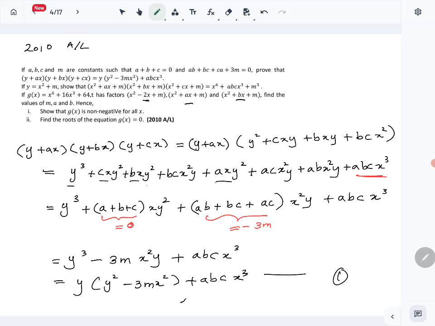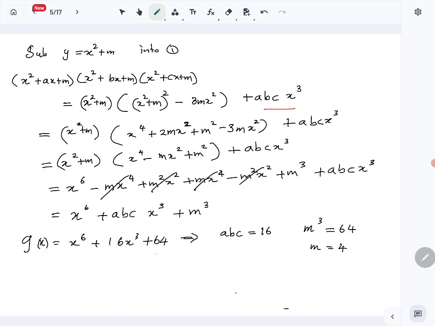And c we know. c is what? c is minus 2, from this factor. So we know c is minus 2. So that means ab is minus 8, right? AB has to be minus 8.